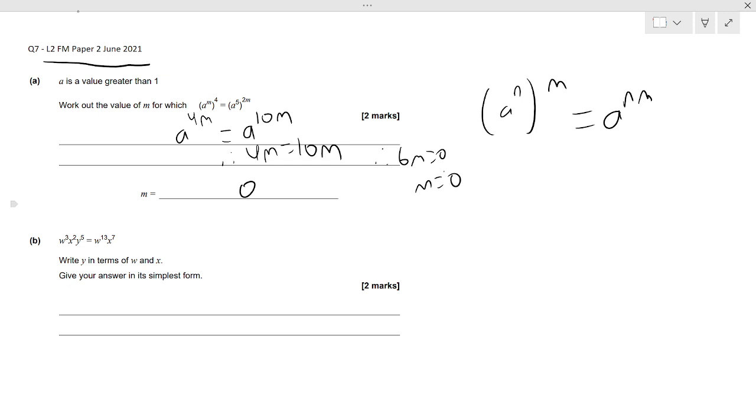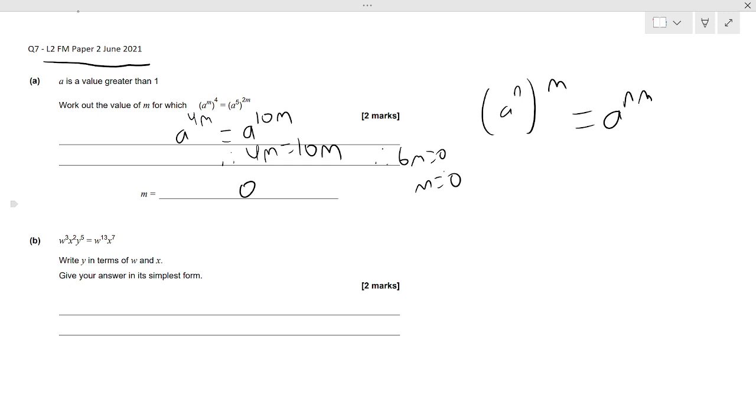Okay, let me check this though. Yep, m is 0. Okay, I thought that was weird. Okay, yeah, that is right.